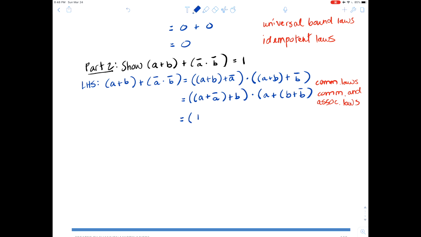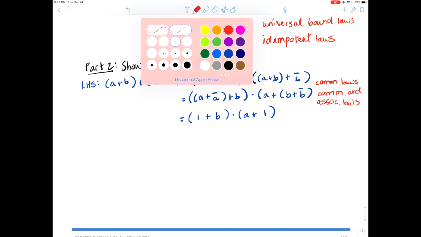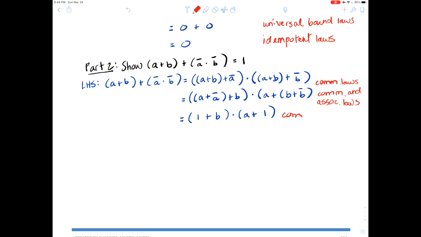Beautiful. 1, and then we'll have our or B. And then what will we have? Dot A or, and then B or not B would be 1. And those were by complement laws.